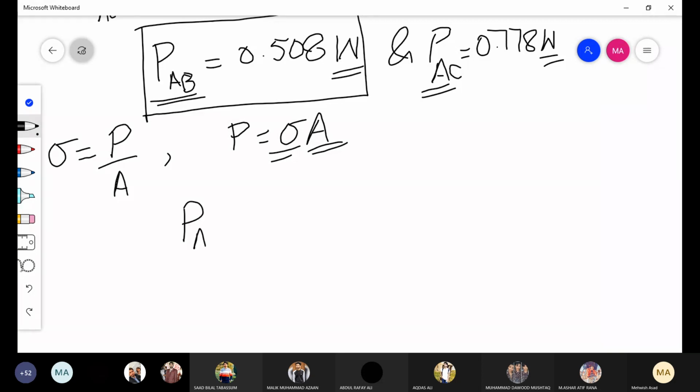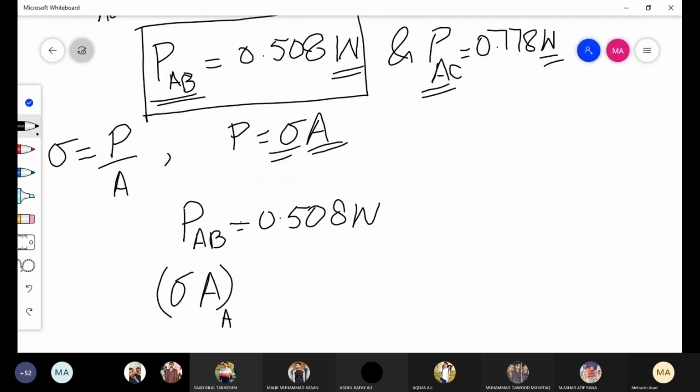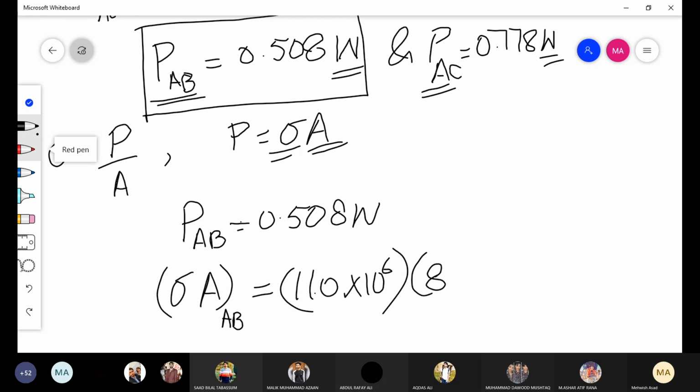So let's write PAB equals 0.508 W and replace the values of 110 megapascal. Megapascal means 10 raised to power 6 Newton per meter square, multiplied with 800 millimeter square, means this is 10 raised to power minus 6 meter square.